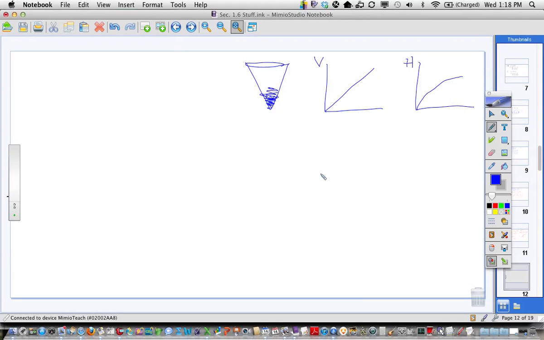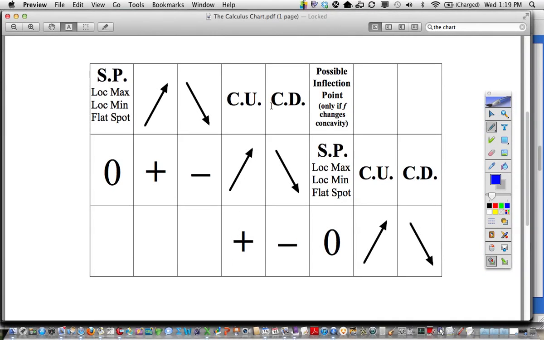Now the questions ask about H double prime and V double prime. Okay? That's the part you're asking about. Well, what does the chart tell us about the second derivative? It tells us concavity, right? Second derivative positive, concave up. Second derivative negative, concave down.